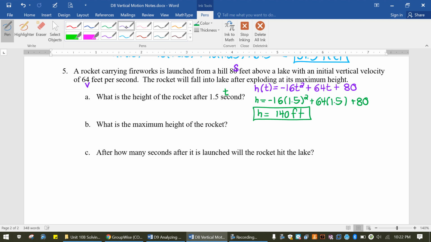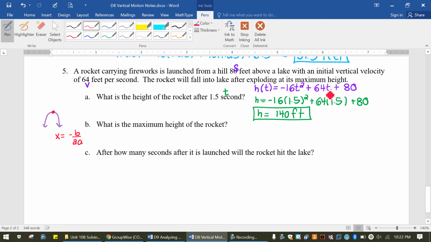Part B says, what is the maximum height of the rocket? Again, when it's shooting up and then coming back down again, what we're looking for is that vertex. Just like number 4, D and E, we're going to find the maximum height. But in order to do that, I first need to figure out what the x-coordinate of the vertex is. So I've got to do the opposite of b over 2a in order to know what to substitute in for t.